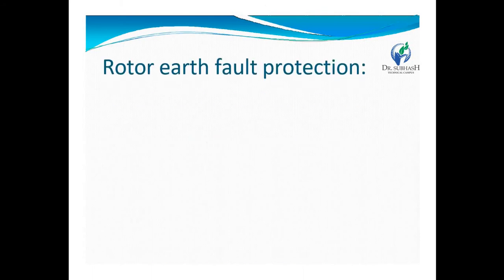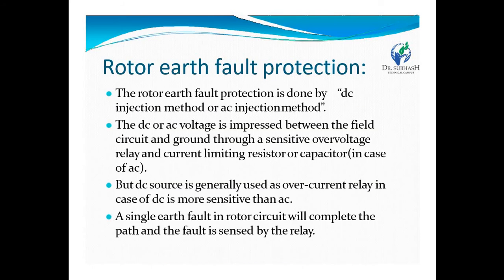So in rotor faults there is earth fault protection. The rotor earth fault protection is done by the DC injection method or the AC injection method. The DC or AC voltage is impressed between the field circuit and ground through a sensitive overvoltage relay and a current limiting resistor or capacitor.